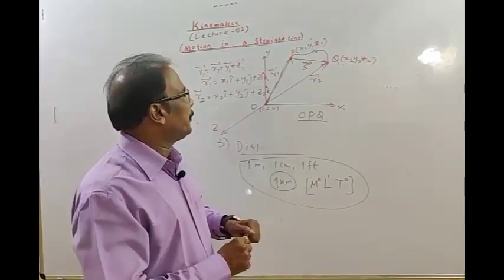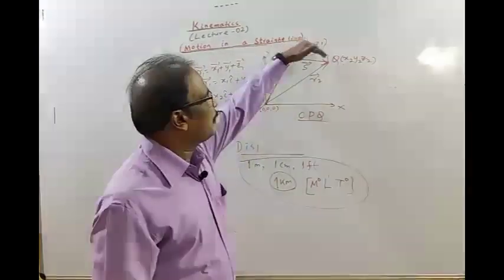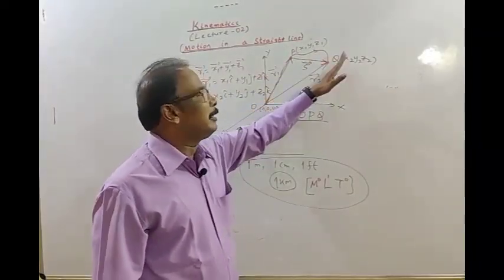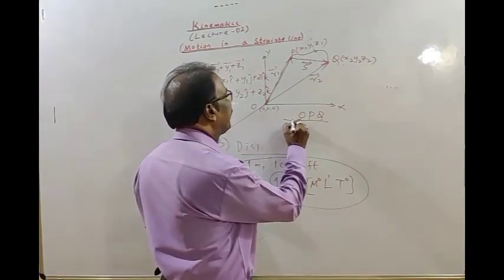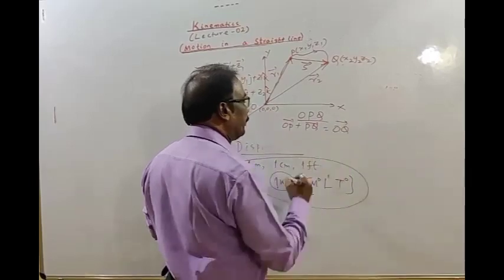From triangle OPQ, see, the OP vector and PQ vector are in the same order, meaning clockwise order, but OQ, the third side, is in anti-clockwise order. So according to the triangle law, the OP vector plus the PQ vector is equal to the OQ vector.